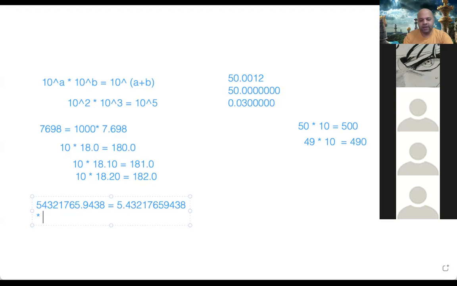So this is nothing but 10 raised to 7. So 5.4321765 9438 multiplied by 10 raised to 7. Any number like this I can express, because I always shift the decimal point to just after the first digit, and then multiply by 10 raised to however many places I have shifted.